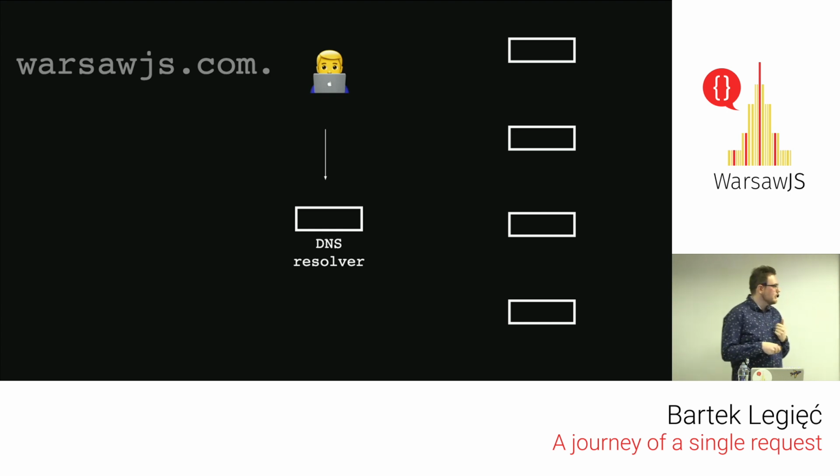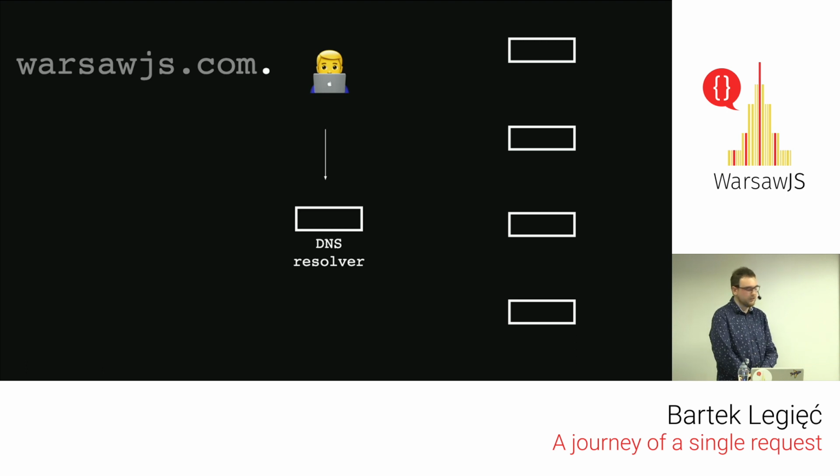But suppose it doesn't know. And so it says, okay, I'm going to ask at root. And you can see here that I have put the dot at the very end. So actually, this is the whole host name or domain name, and this is a root, so the very end of, let's say, the chain that the domain can have.